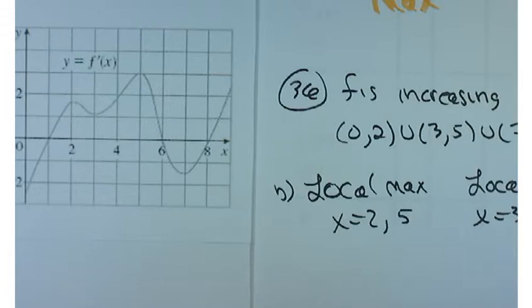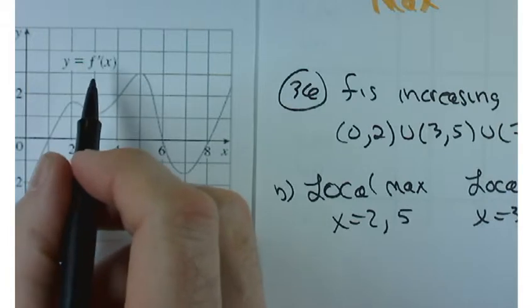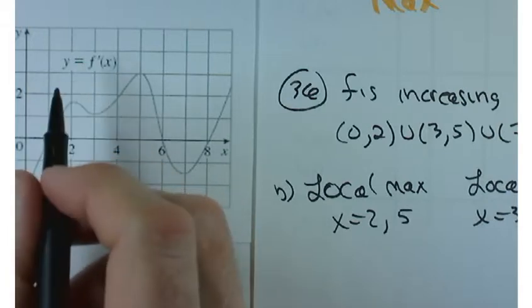Drew? Sure. It says, on what values of x does f have a local minimum or a local maximum? Talking about f, yeah. Oh, you know what? Wow, I blew this. I didn't realize that this was f prime.